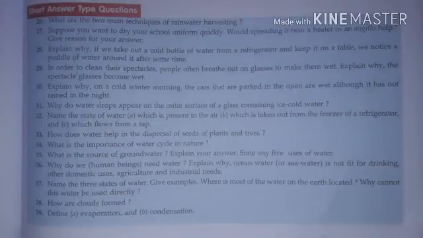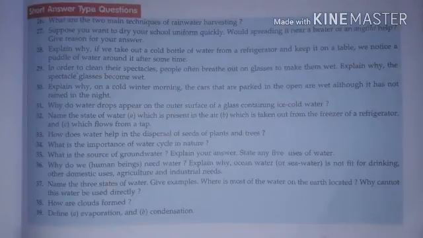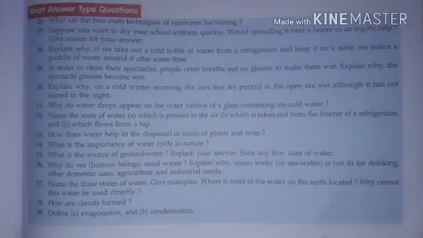Next question. Name 3 states of water. Give examples. Where is most of the water on the earth located? Why can't this water be used directly? Right? Name the 3 states of water. What are those 3 states?